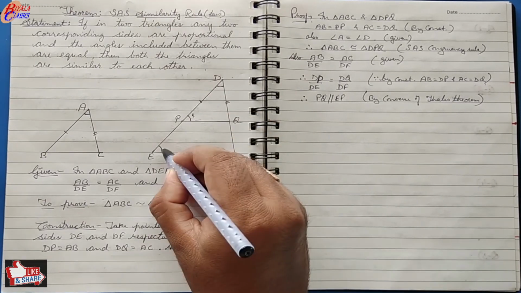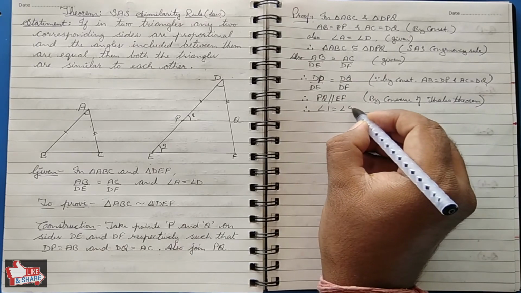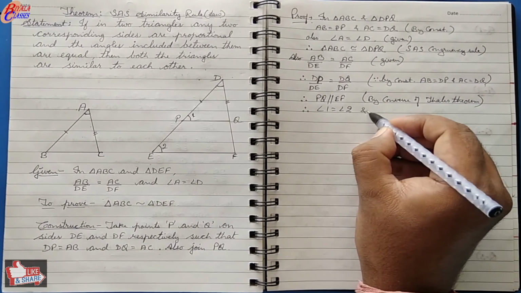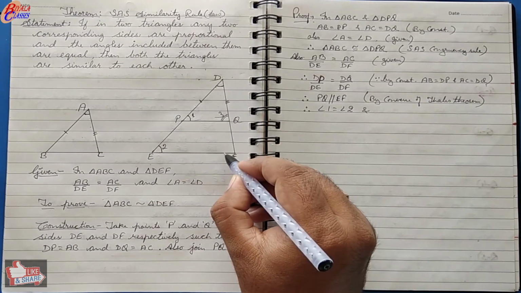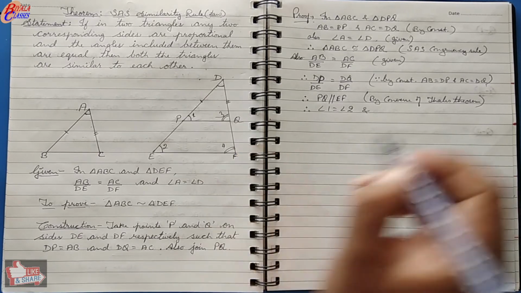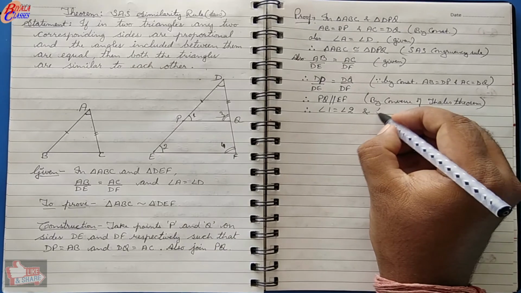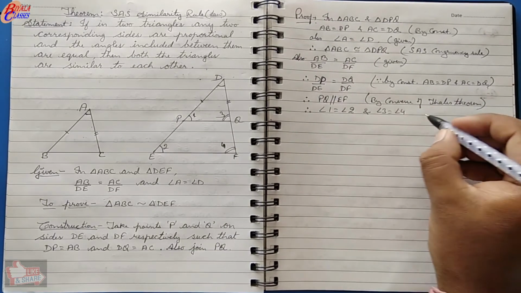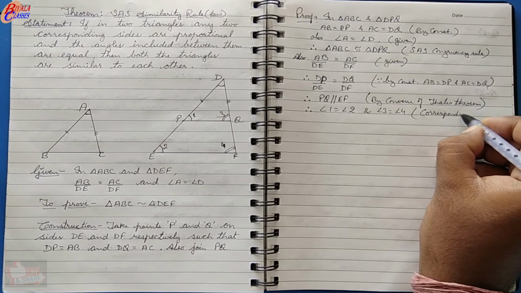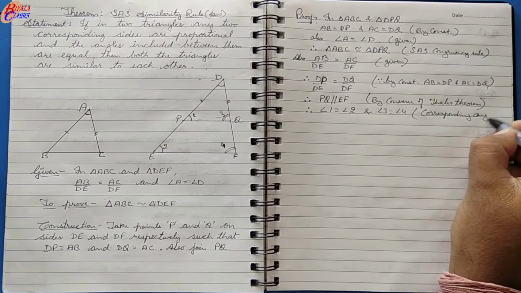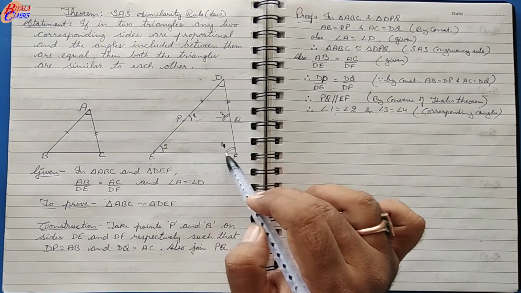So let this be taken as angle 1 and this as angle 2. Therefore angle 1 equals angle 2, and this angle, let's say it is 3, and this angle, let's say it is 4. So angle 3 is equal to angle 4, because these are the corresponding angles.